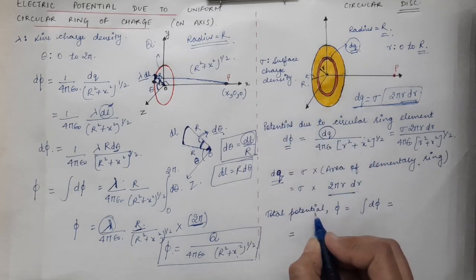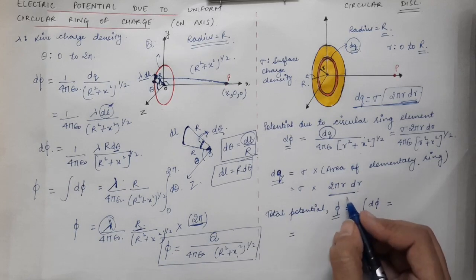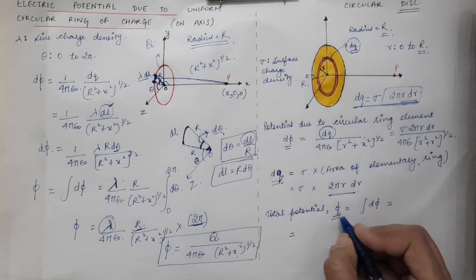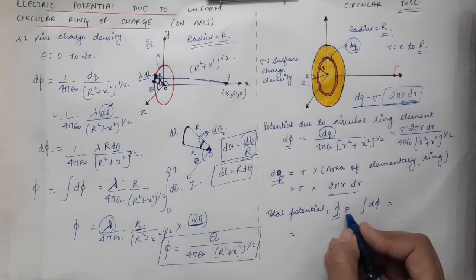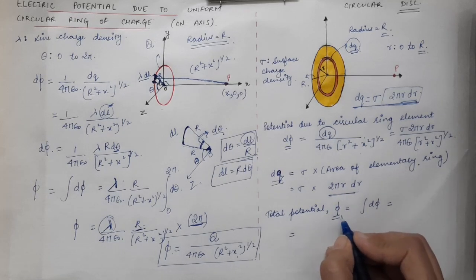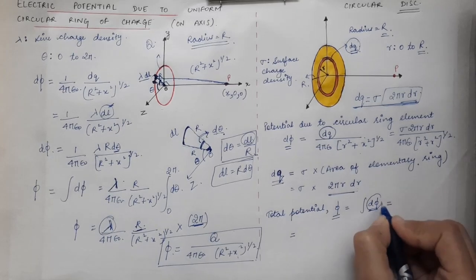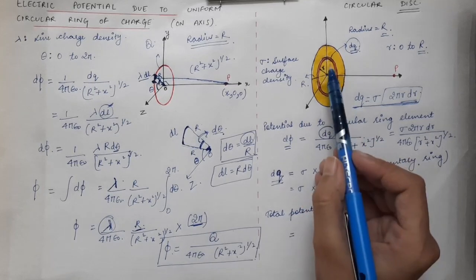So the total potential at point P is denoted by phi. You can denote it by capital V also, that is your choice. You can denote electric potential by phi as well as by capital V. So the potential phi will be just the integration of d phi, which is the electric potential due to this elementary ring.